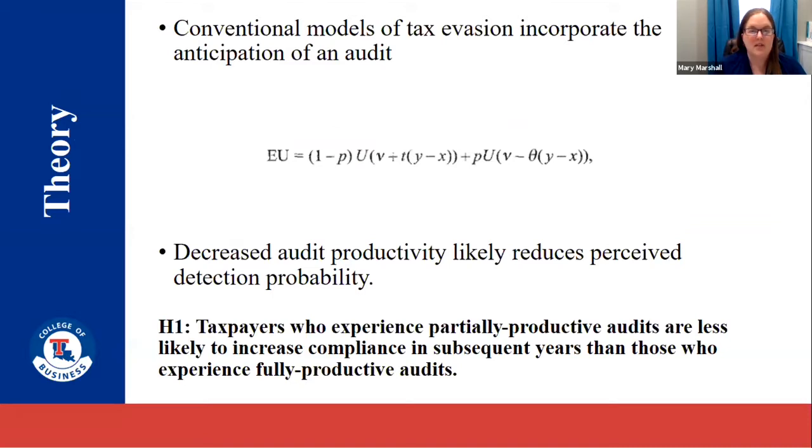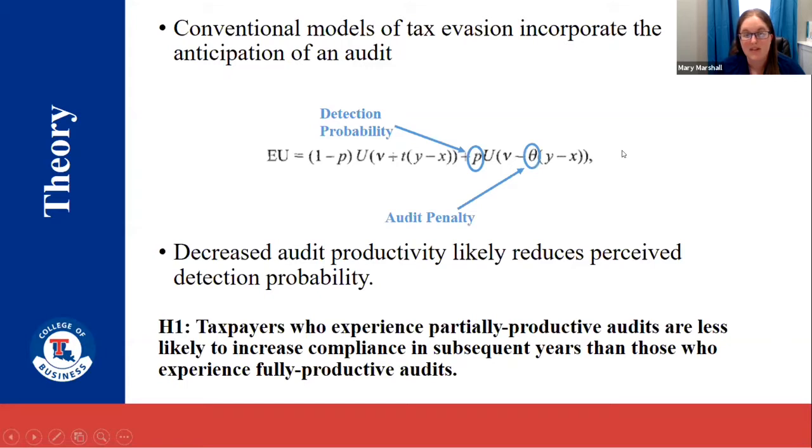So prior research finds robust support for this conventional model of tax evasion. The conventional model predicts that taxpayers will try to estimate the expected utility of evading, and they'll do that with several factors, and the two that we think are influenced by audit productivity are detection probability and audit penalty.